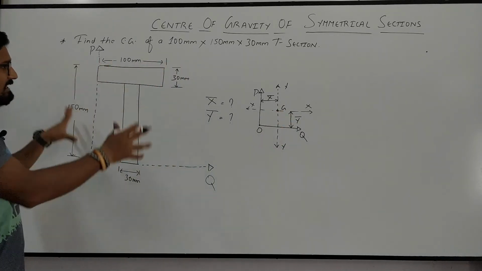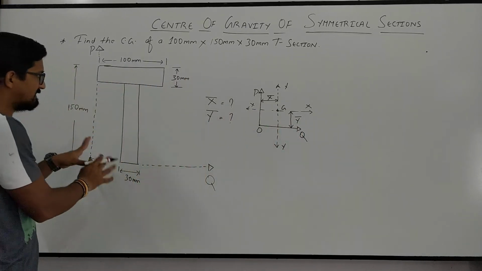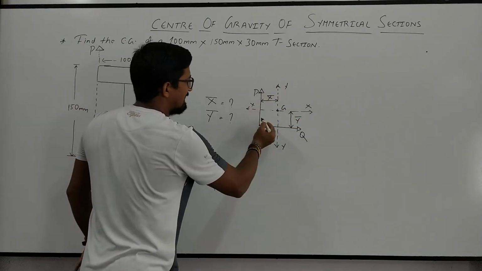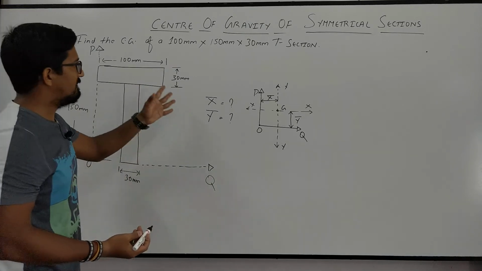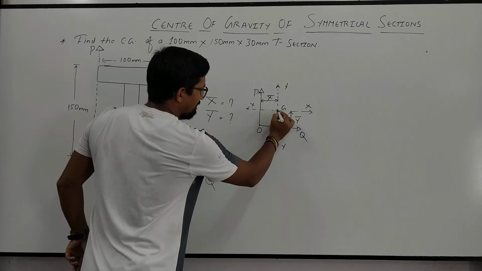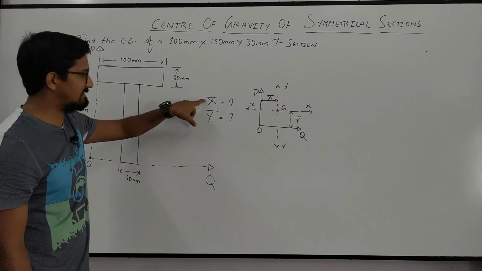The CG will be the point of intersection of the XX and the YY axis. So basically our aim is to find X bar and Y bar.